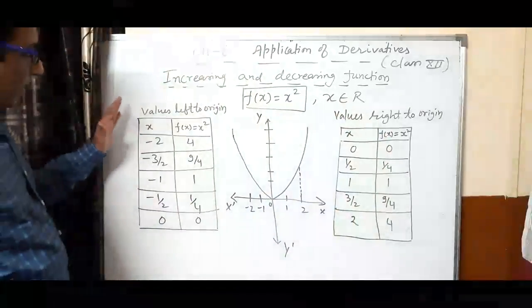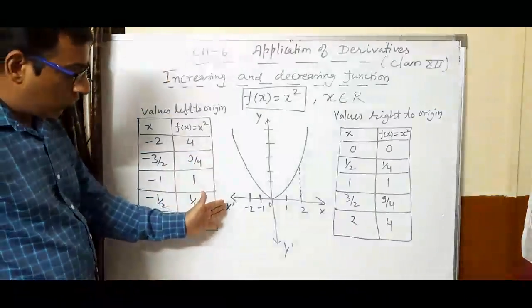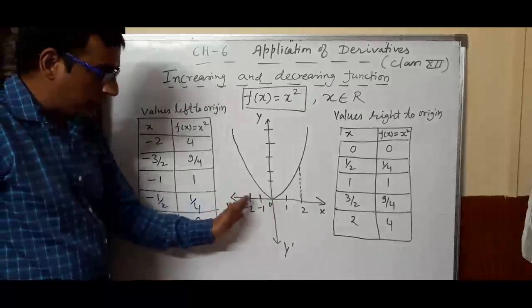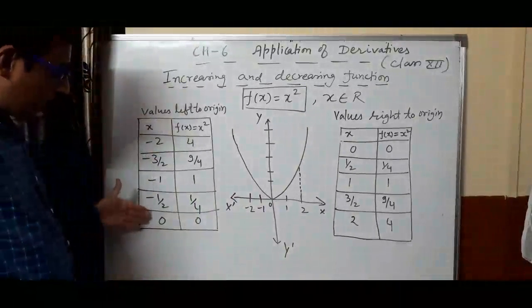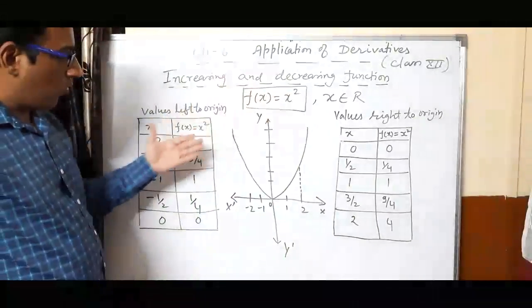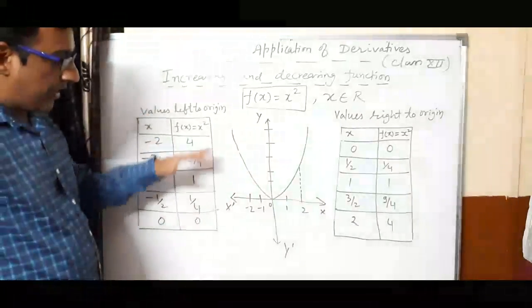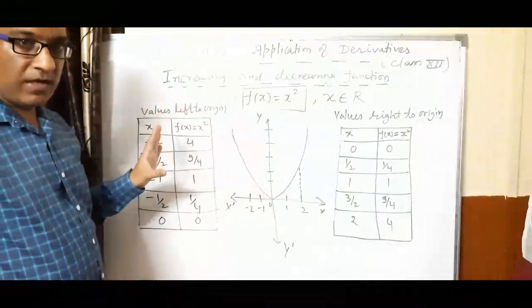After this, it is written here values left to origin. If we go left to origin, it means we take x dash o, which is the negative x-axis, and if we take negative values of x and put them here, these are the values we will get, and when we plot the graph, it looks like this, and this is the graph of a parabola.